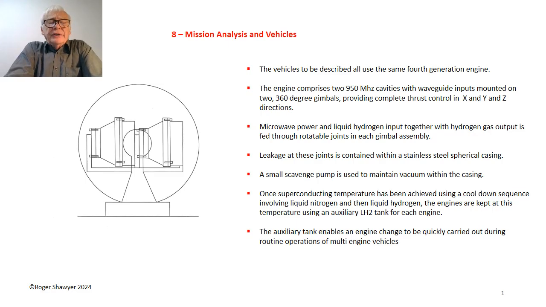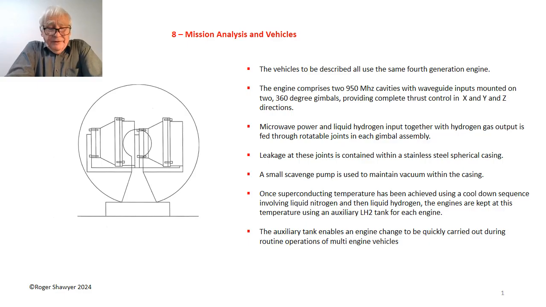So the whole thruster assembly itself is contained within a stainless steel spherical casing. We use a scavenge pump to bring down the pressure inside this spherical casing to close to vacuum, and this pump is used to maintain vacuum continuously in spite of the small amount of leakage at the joints.